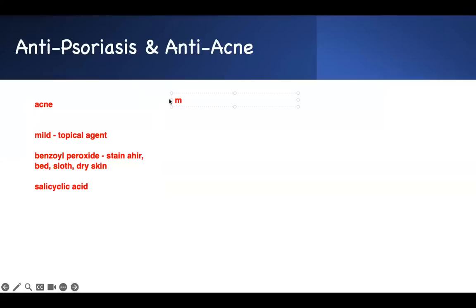If you have moderate, that means it's more prominent. You have the blackheads. The other word is comedones. If you see them and they have papules, yeah, those are moderate. As soon as you start having comedones, it's a moderate disease. This one is topical.